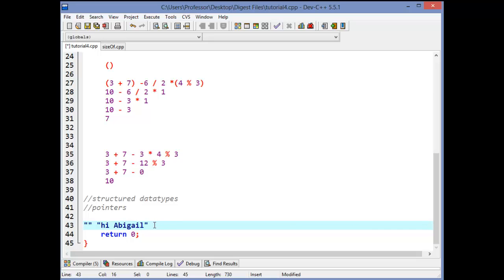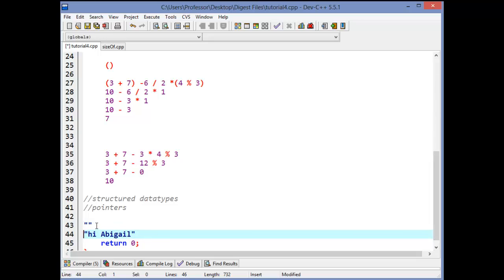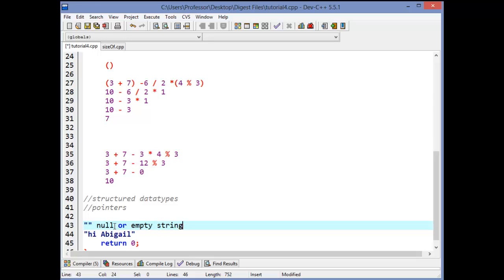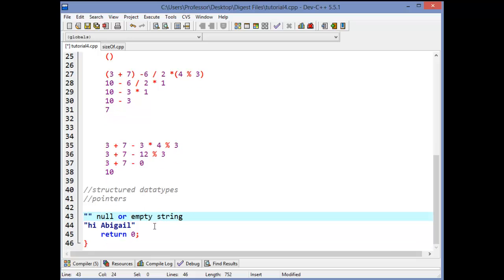Now, to denote a string in C++, we put it in double quotes. As you can see here, we put that particular thing in what? Double quotes. So this is double quotes, and because there is nothing in it, we say that this is a null or empty string. Is that okay? A null or empty string because it contains nothing.